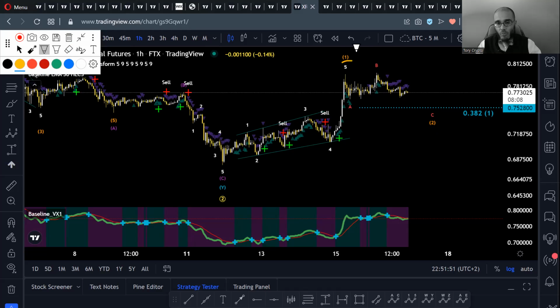But if instead of wave 1, you would have a wave 5 up here, and you would expect a correction of some magnitude.